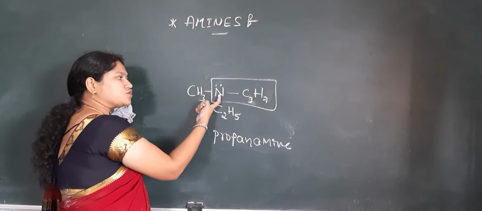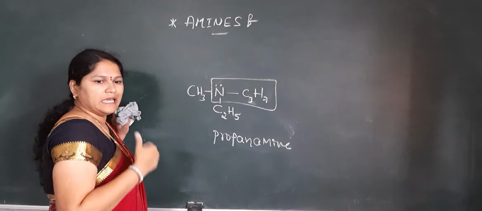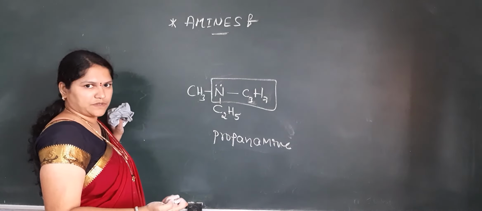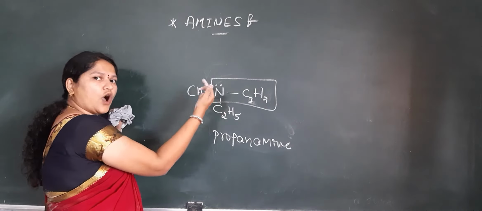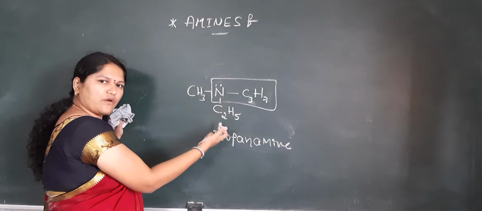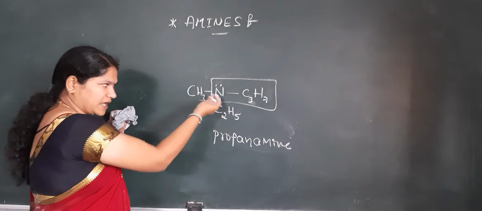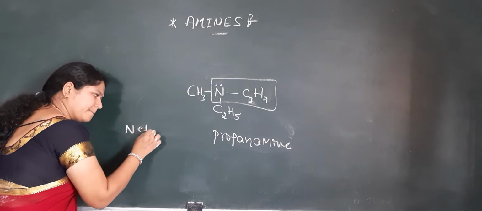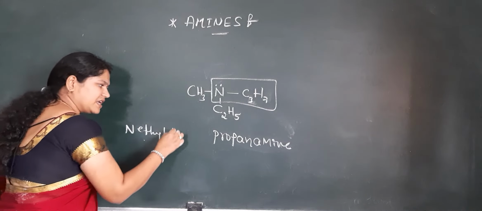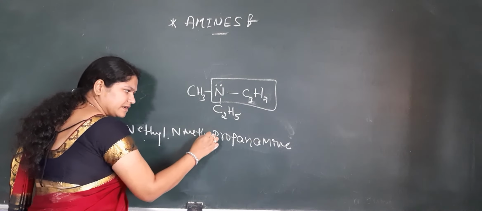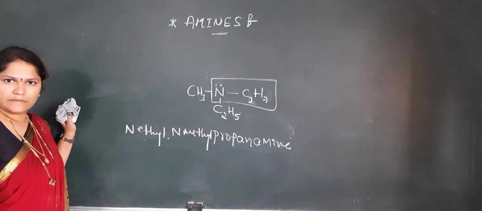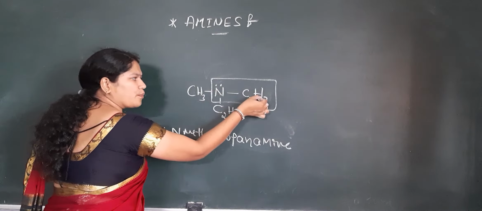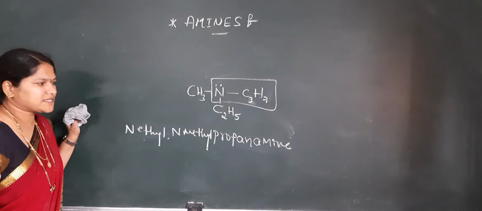The ethyl substitution as well as the methyl substitution are remaining. Ethyl and methyl. Alphabetically which comes first? Ethyl comes first. What position is ethyl at? On the nitrogen atom. And methyl is also at the nitrogen position, attached on that nitrogen. So we have to mention N-ethyl, next N-methyl, propanamide. Clear? So N-ethyl, N-methyl propanamide is the name of this compound.